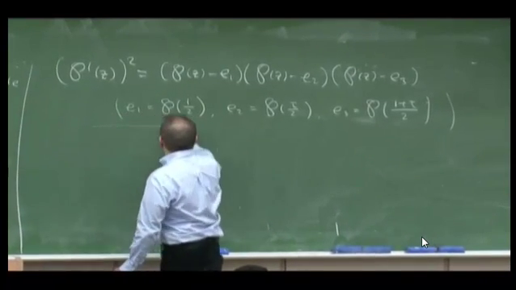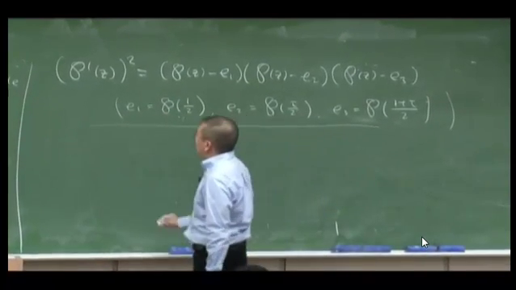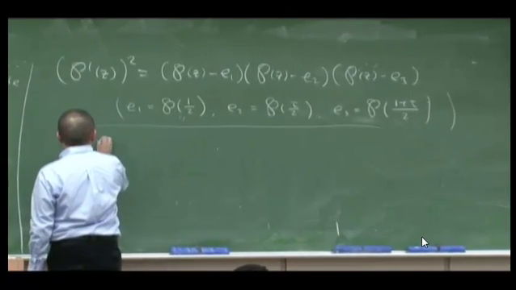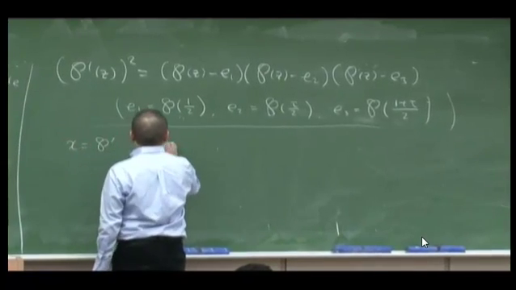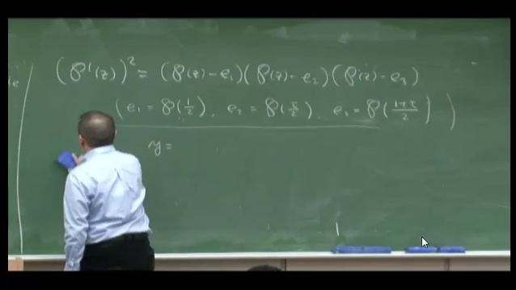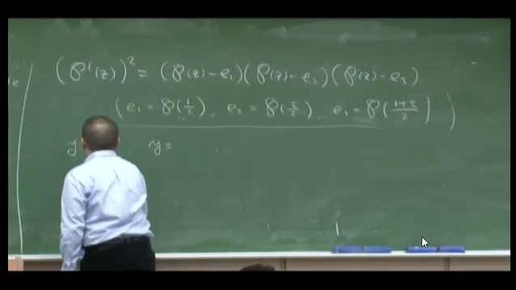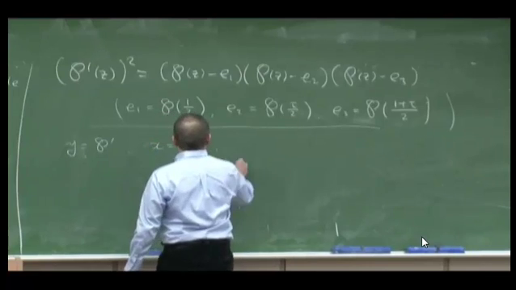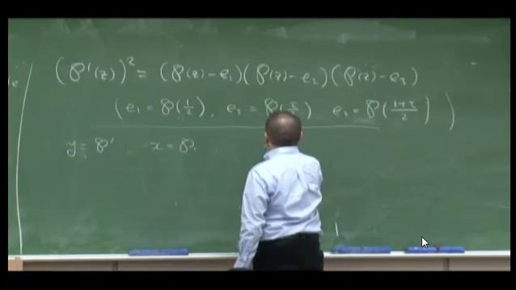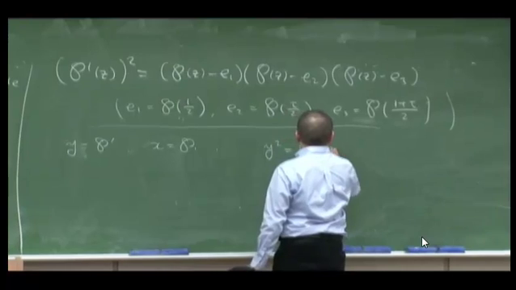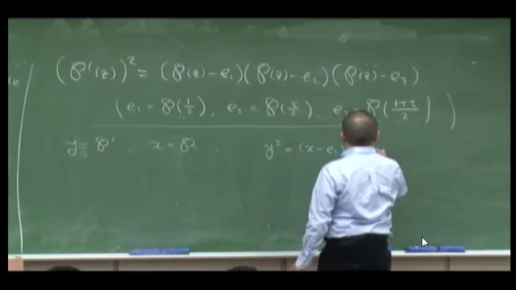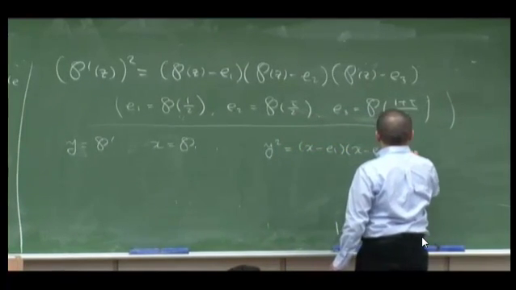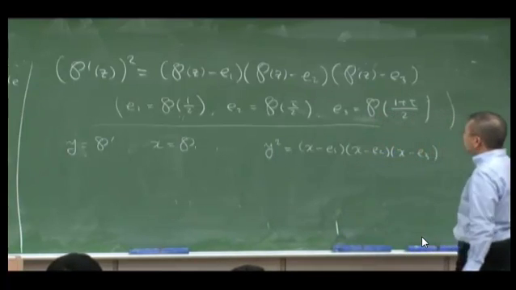But this is an interesting equation. So for example, you see that if you write y is equal to p prime and if you write x to be p, then this means that you have this algebraic equation. Right?